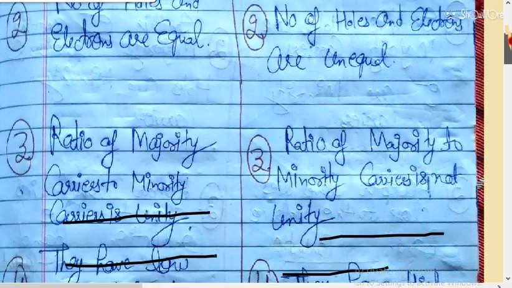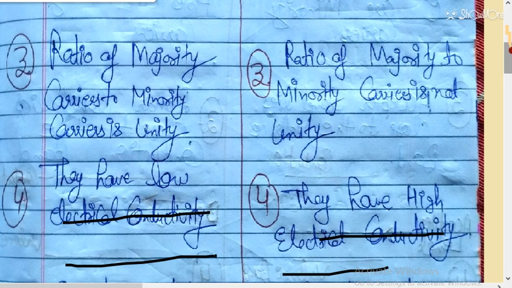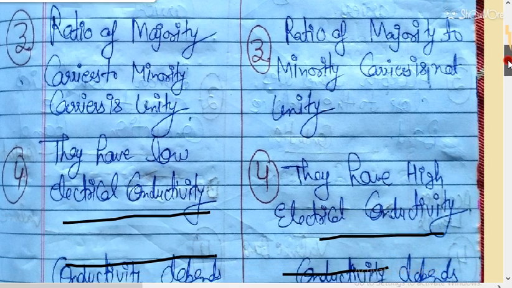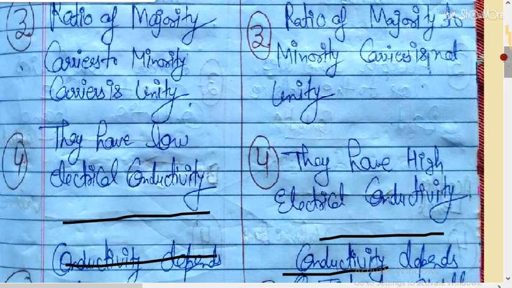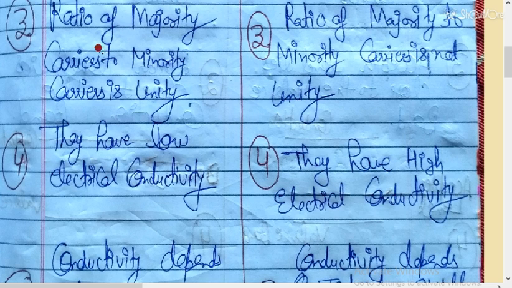Okay, now we have to move to the third difference. It was saying that ratio of majority carriers to minority carrier is unity.